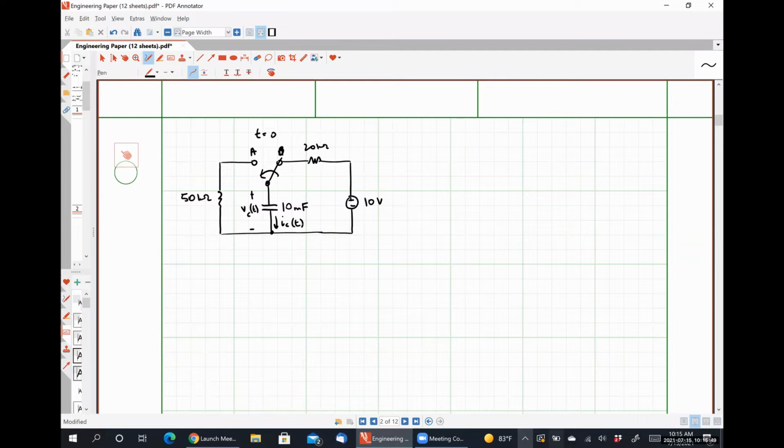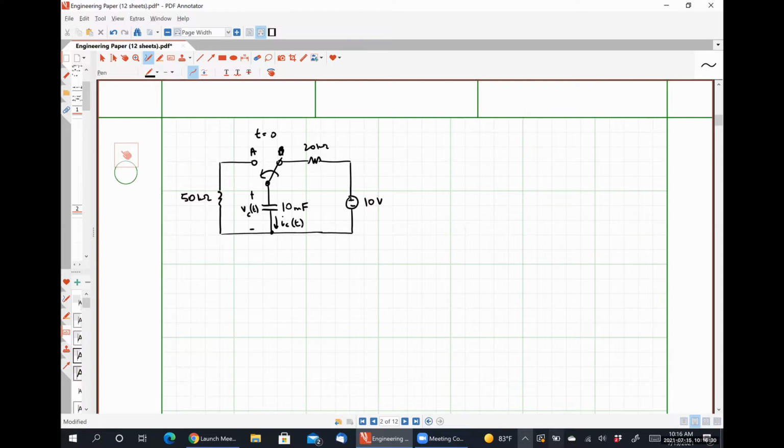Okay. So this is a transient analysis problem. Let's just talk our way through what's going on here because it looks a little different than what we've done previously, right? Before we directly switched the sources off, here we're switching what the capacitor is connected to, but it's effectively performing the exact same function, right? So at t equals 0 minus and prior to that point in time, we have our voltage source connected to a resistor connected to the capacitor, and we can easily infer that some energy should be stored in the capacitor.